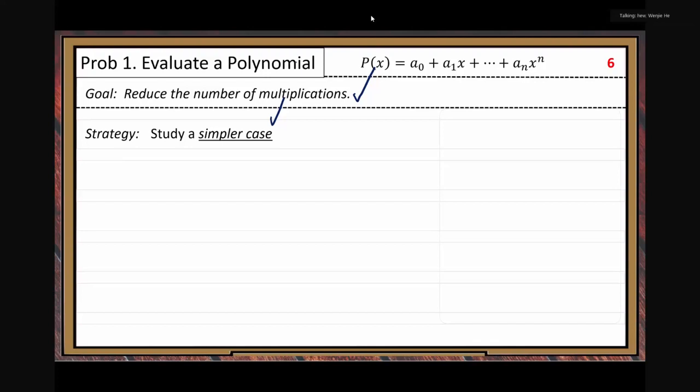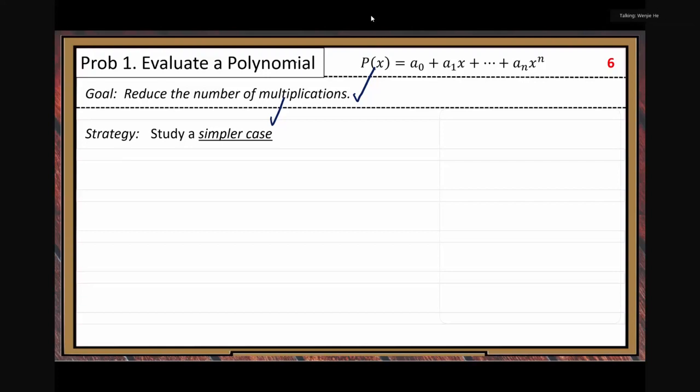We don't want to work on difficult cases. Do you want to work on a polynomial with 100 terms? That's a hard case, right? So we don't want to work on that big polynomial. Usually we work on relatively simple cases.